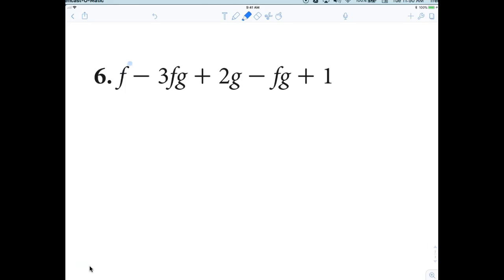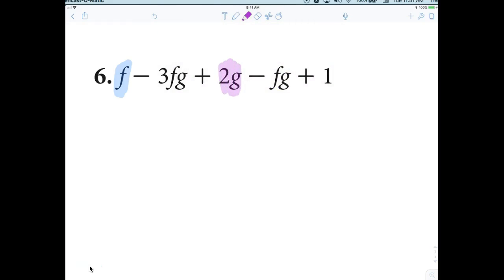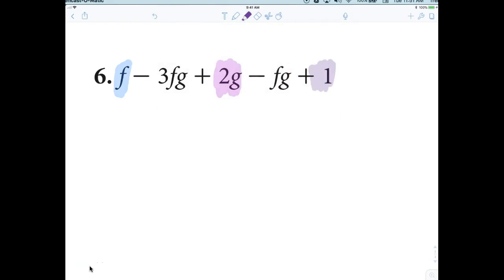The only thing similar to f is f. The only thing similar to g is what? g. The only thing similar to 1 is what? A constant, right?